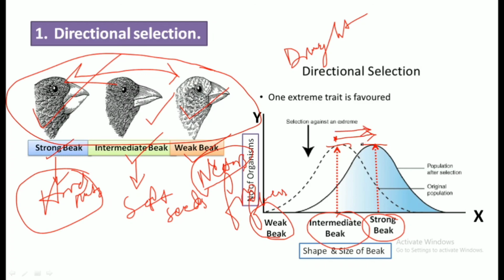That's why this is known as directional selection, because it is shifting in a particular direction. The extreme trait favored by the environment is getting evolved, and thus it is called directional selection, because the selection is in a particular direction. So this is all about directional selection.